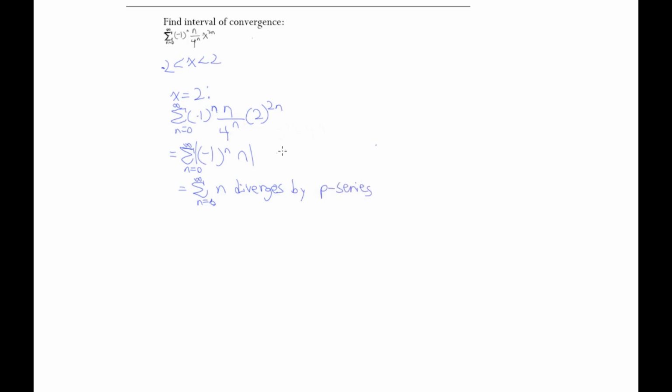And the original function without the absolute value, we could take the limit as n goes to infinity of a of n on the inside, which gives us an alternating series depending on what is plugged into n. So therefore, by the divergence test, this does not converge as the value did not come out to 0.